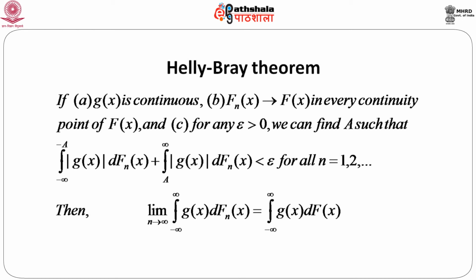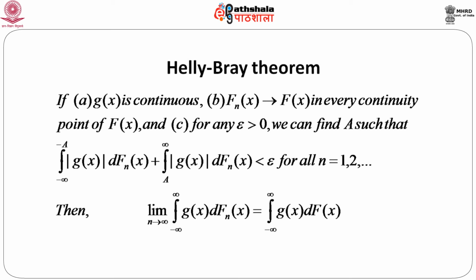This condition is essential to extend a to b to minus infinity to infinity in Helly's theorem, which gives the Helly-Bray theorem. Under these three conditions we have the limit as n goes to infinity of the integral from minus infinity to infinity of g x d f n x equals the integral from minus infinity to infinity of g x d f x.